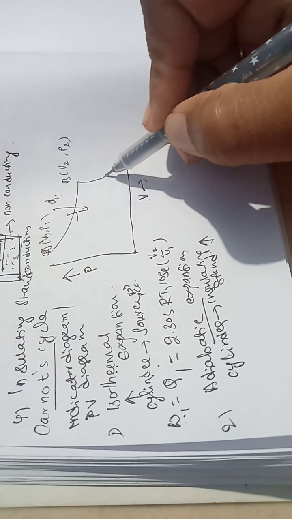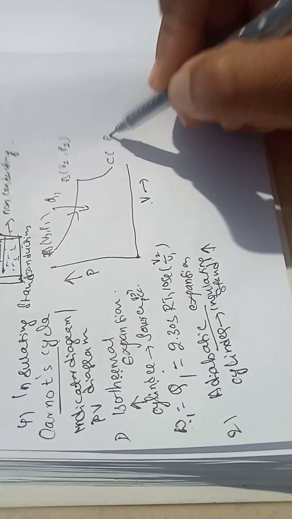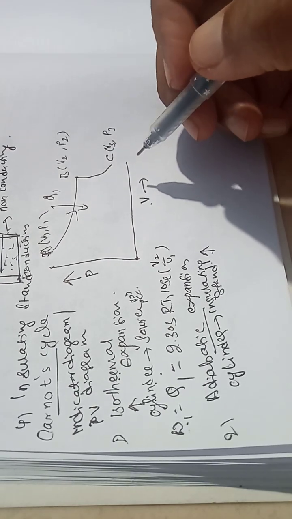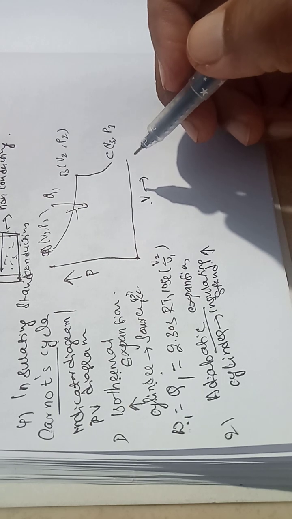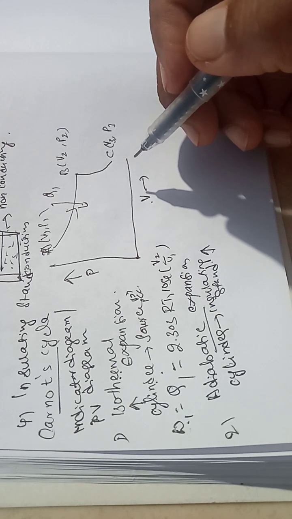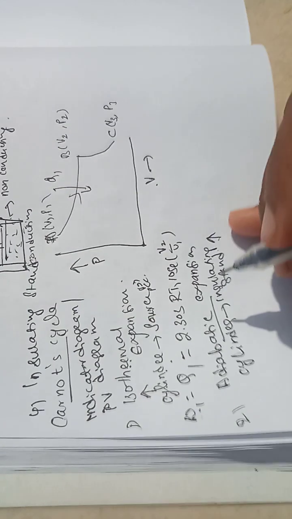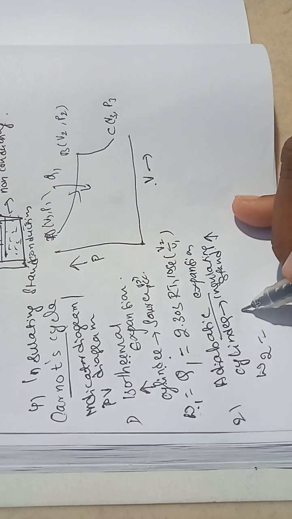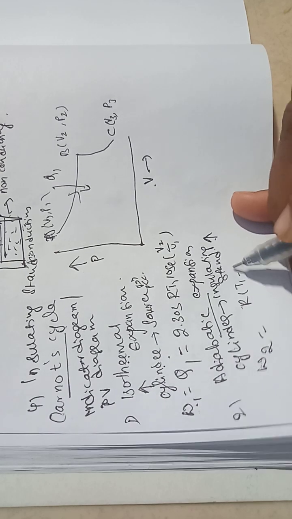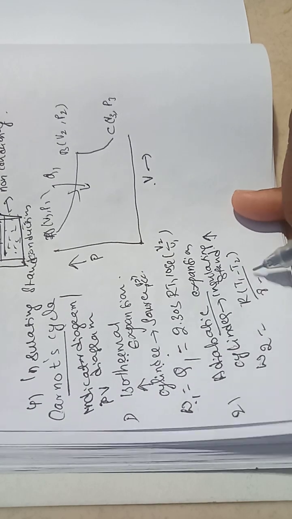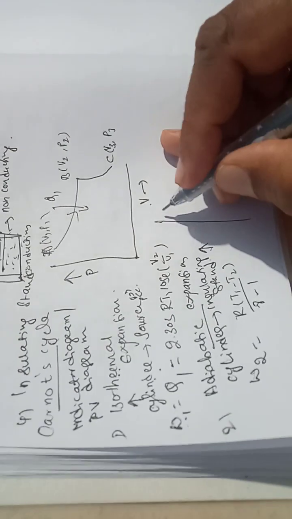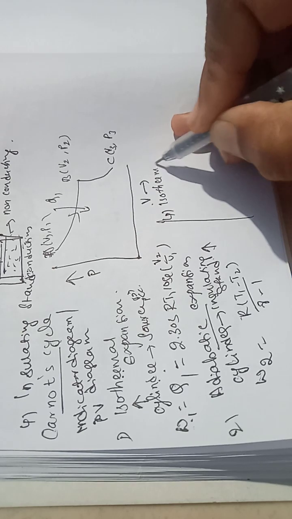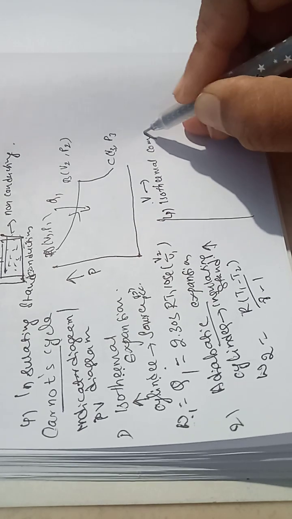So pressure falls to P3 and volume increases to V3. Here the process is going under isolated conditions, so no heat exchange is there, and we get W2 as R(T1 minus T2) by gamma minus 1. Similarly, the fourth operation is isothermal compression.